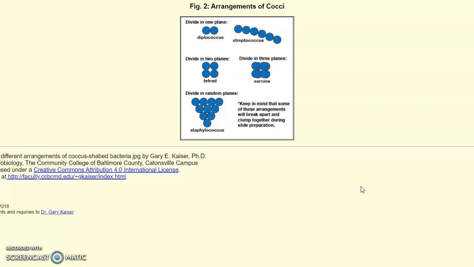So we can have a diplococcus, diplo referring to two, so that there are two kind of still stuck together. We can have streptococcus, which is a chain, almost looks like a chain of pearls. If the cocci divide in two different planes, we can end up with a tetrad, which would be four cells kind of all stuck together.